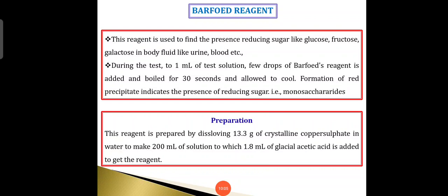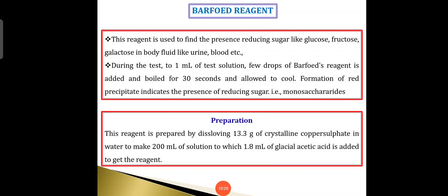After that, the formation of red precipitate indicates the presence of reducing sugar, that is monosaccharides. So in this way, we have conducted the test to identify the reducing sugars in the given sample or test solutions.